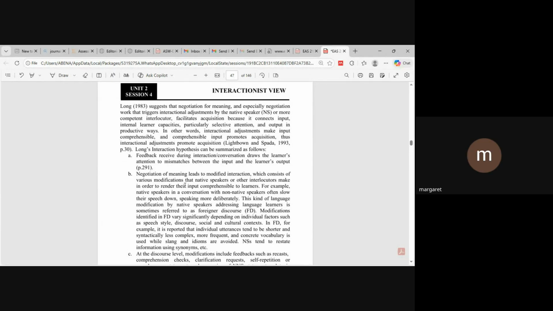Long believes that feedback is an essential aspect of interaction. So we are saying that the emphasis is on comprehensible input. For a learner to get that input, interaction is needed, and the quality of interaction enhances the quality of the input.